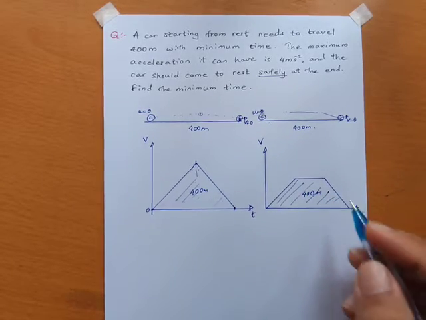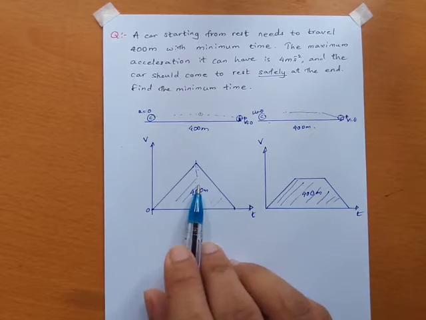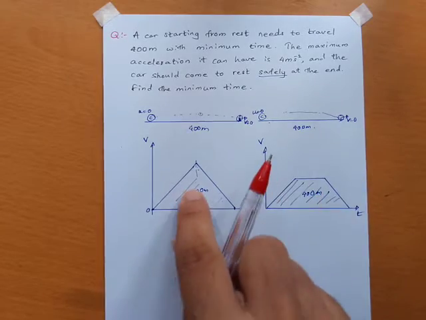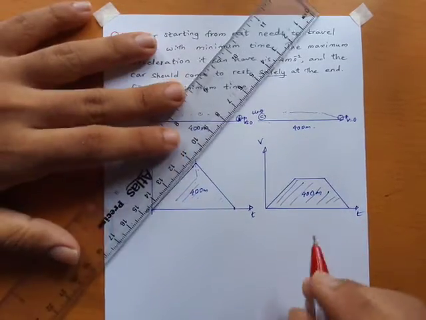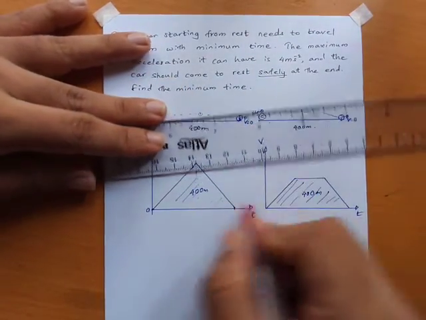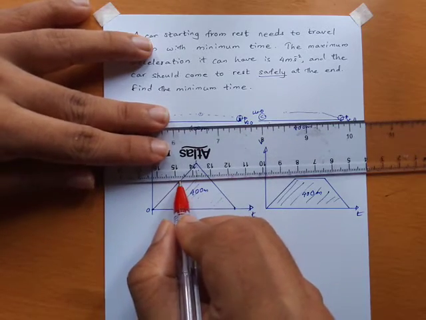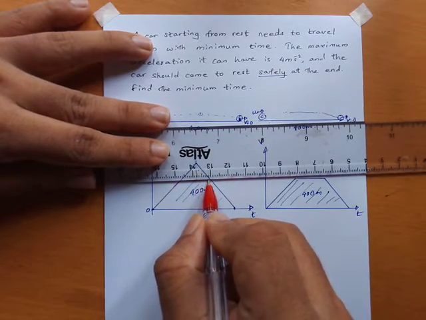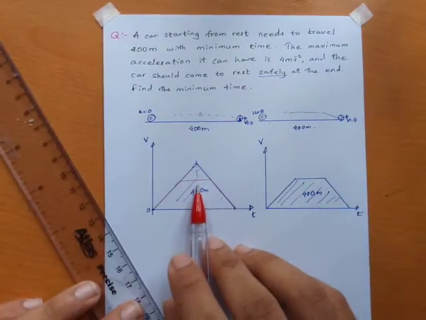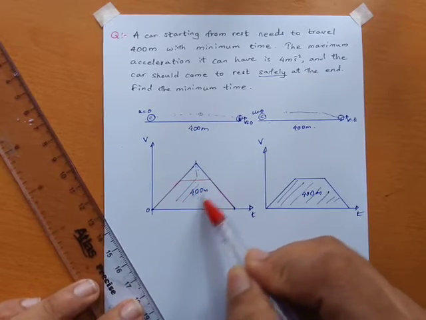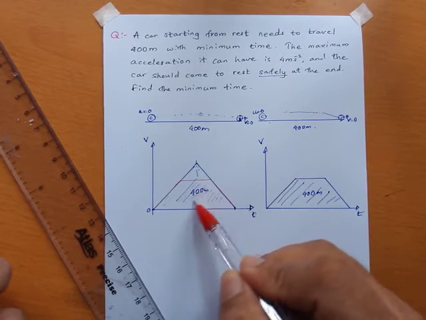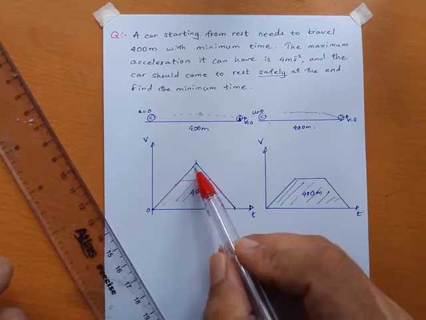Now what if I try to draw this and this in the same figure? It will give me something like this. If I draw something like this, this area is clearly less than 400 meters, so this missing area should be covered.